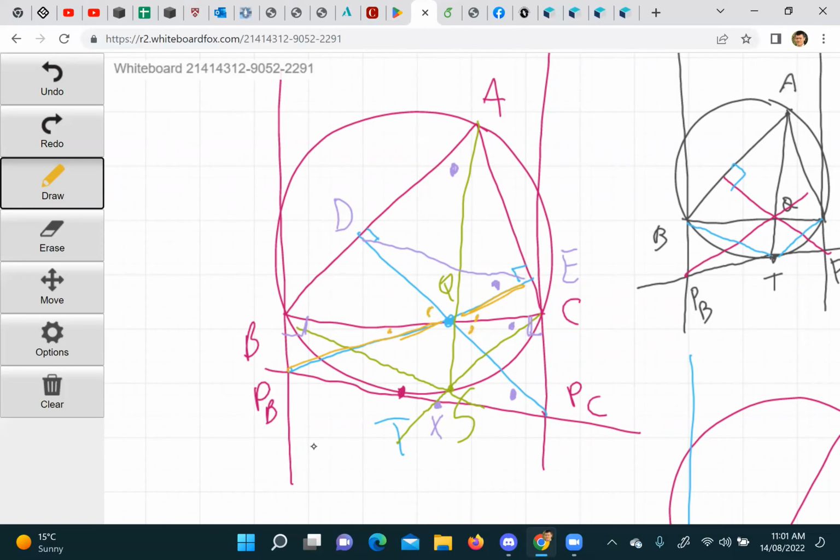Similar triangles, or no, you just need power of a point. You have B2 CE and then BB CC. That's how it is. It's kind of crazy, dude.